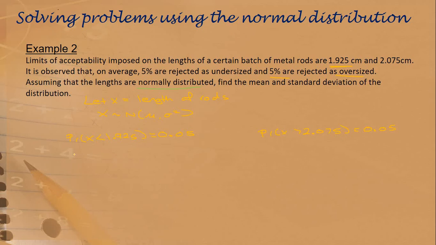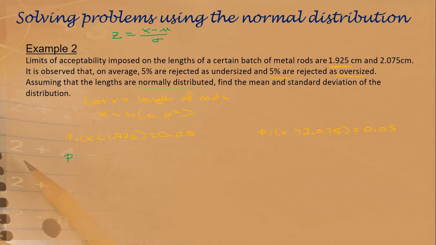However, we can change this to the standard normal distribution because we don't know the mean and standard deviation here, but I do know for the standard normal distribution that the mean is 0 and the standard deviation is 1. Remember that to convert to the standard normal, we have the formula x minus the mean over the standard deviation.